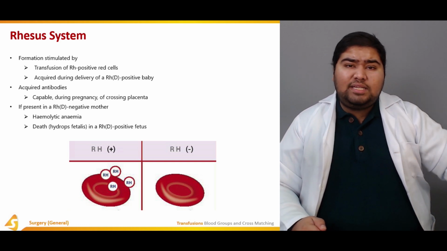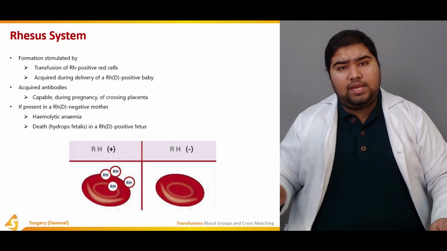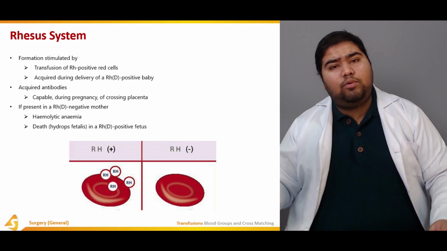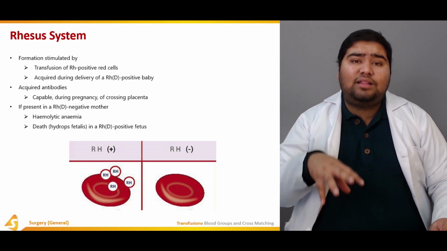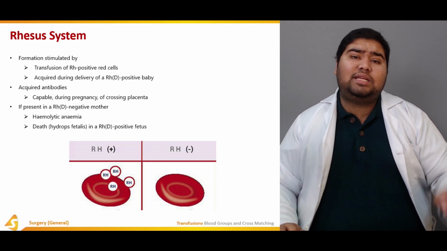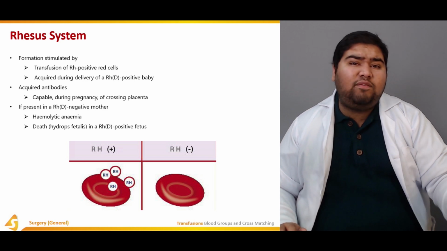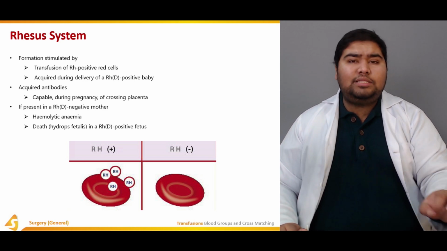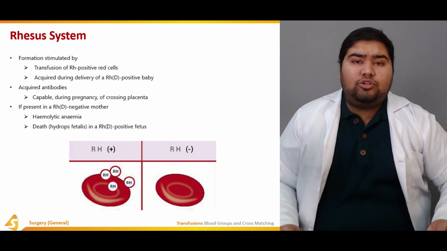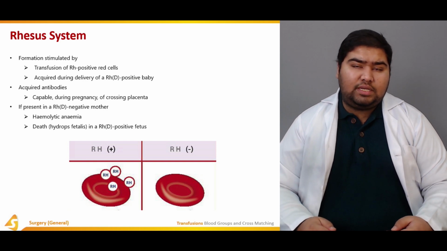Now when the fetus is Rh positive and the mother is Rh negative, this anti-Rh antibody tends to attack the fetal red blood cells. And how does it attack and why does it attack? Because it perceives it as a foreign threat. This results in the death of the fetus, also known as hydrops fetalis, in an Rh positive fetus.